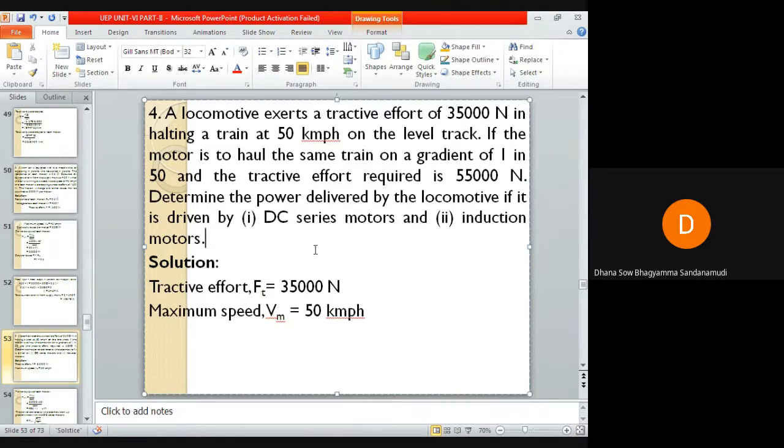There you need only Ft and Vm, you don't need any other data. So don't always keep in your mind that every given value must be used. Depending on what is asked, check whether the required data is there in the question or not. That's more than sufficient. It is not necessary that you implement all the data in solving your problem. Write it down and inform as soon as you complete.